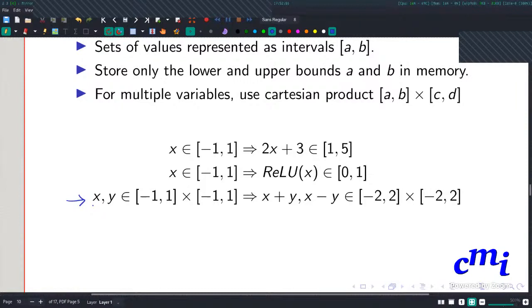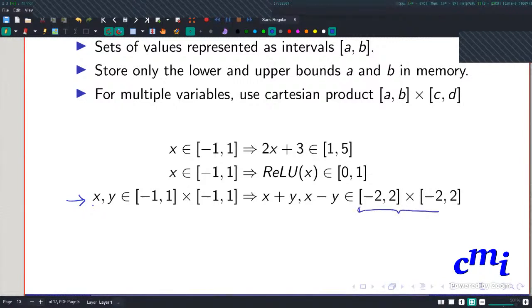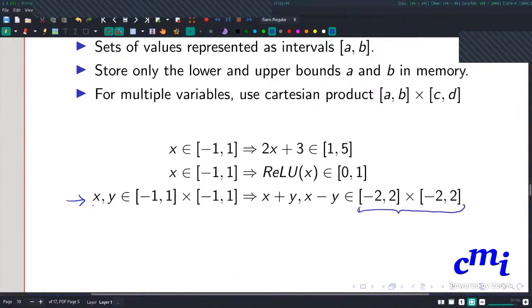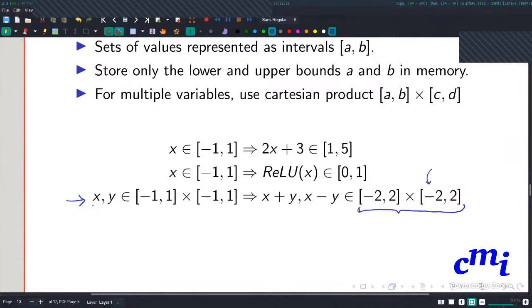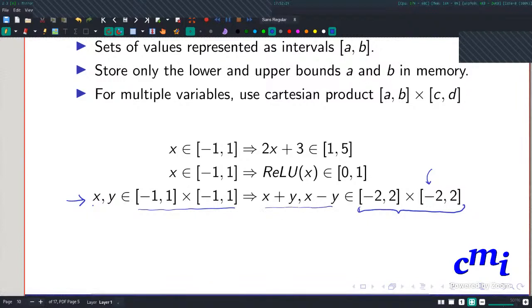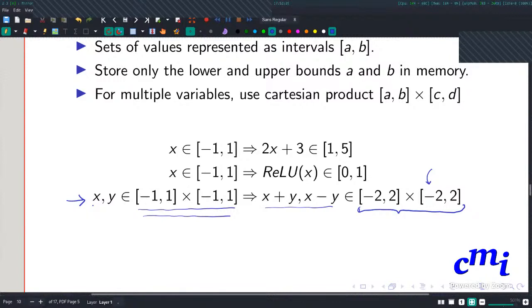This is the interesting question: is this precise? Is there any point in this set which is actually not in the image of this set? That is, is there any point in this set which does not have a pre-image under this operation inside this set, as I think Soham was putting?